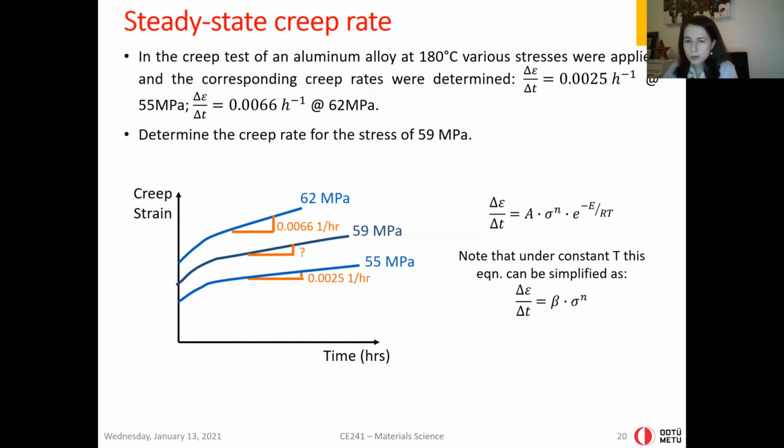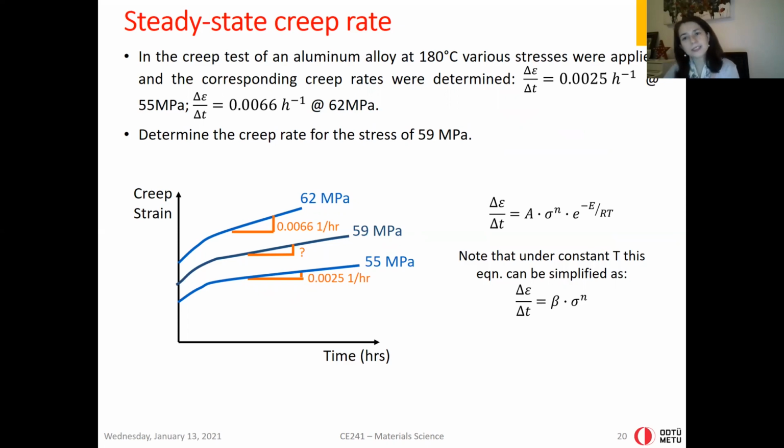For 62 megapascals, we observed 0.0066 per hour as our creep strain rate, and for 55 megapascal, it is 0.0025 per hour. And the question says, can you determine the steady state creep rate for 59 megapascal?